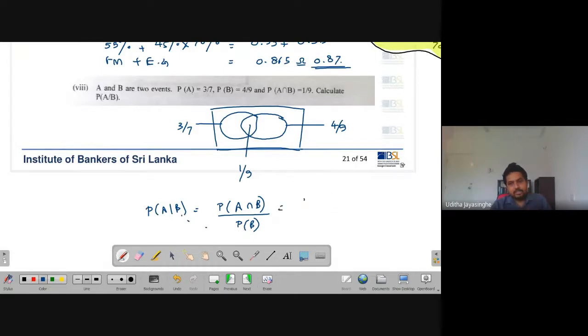P(A intersection B) is 1 divided by 9, P(B) is 4 divided by 9, and the answer is going to be 1 over 4. Since it's a calculation, the answer can be 1 over 4 or 25% or 0.25. Any of these answers is correct.